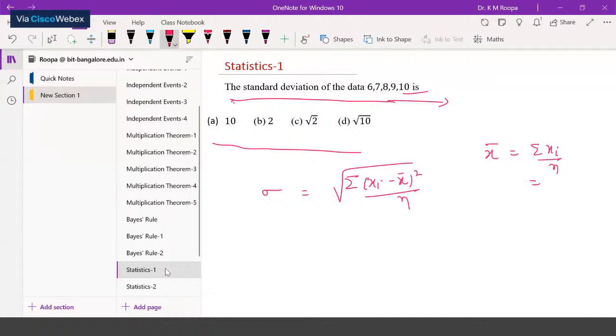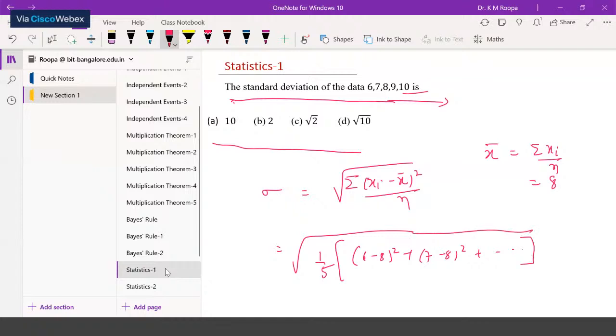Then root of 1 by n, where n is 5. Then you take differences: first value 6 minus 8 whole square, then 7 minus 8 whole square, like that. Simplify that. Finally, we get root 2 as the answer. One student gave the answer. Good. Yes, correct. C is the answer, right?